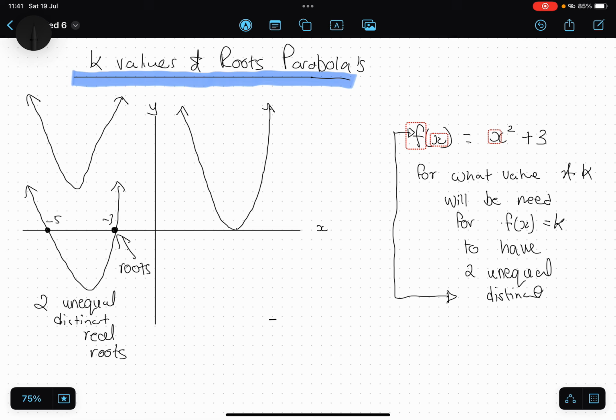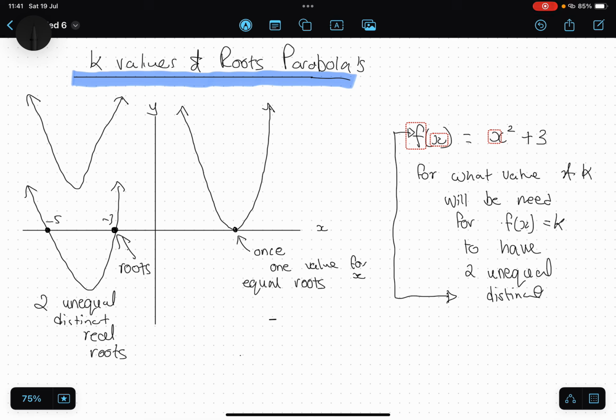The other two I've drawn here are also very important because they're the other types we get. This one is touching the x-axis, but it only touches once, which means we only have one value for x. When you solve that equation and set it to 0, you'll get the same answer, maybe x equals 2, which means you have equal roots.